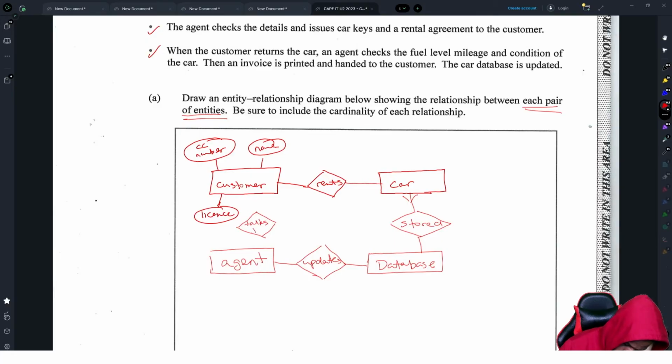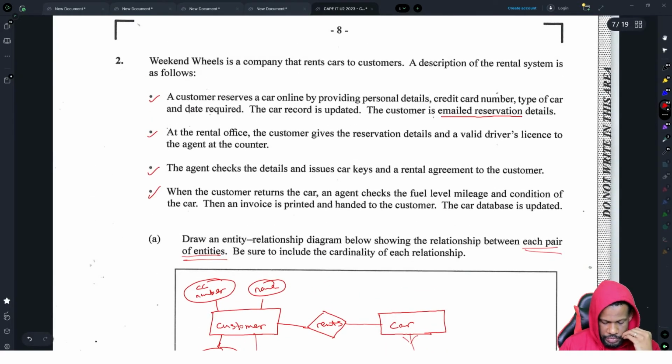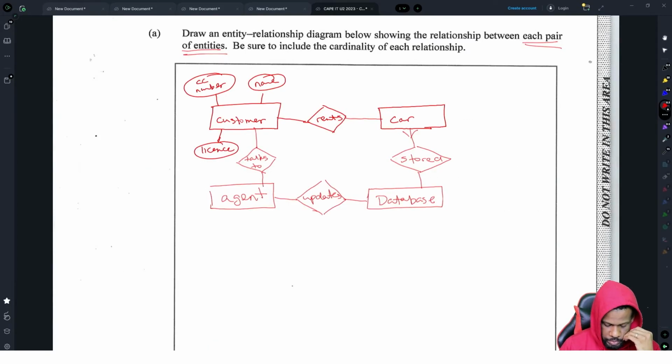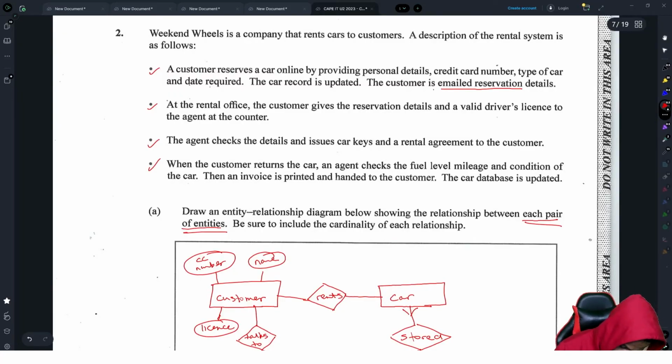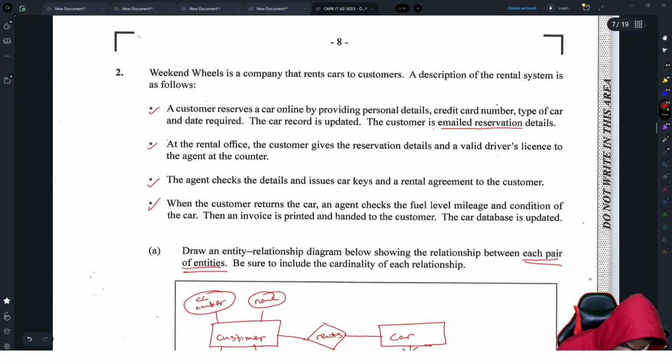Talks to agent. I'll be very interested to see what the answer for this is, because many of these things look like one-to-many relationships, but the question is stated making everything sound like one-to-one. I know it's one database. Yeah, we leave it as one-to-one, because of the way it's stated that it rents cars to customers.